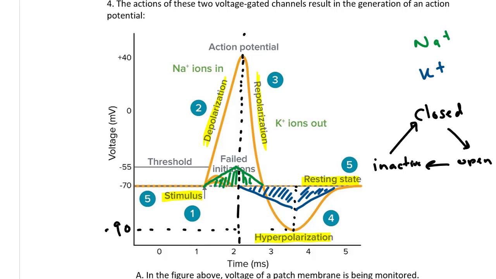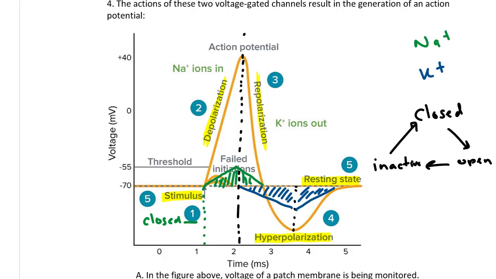So in the case of the voltage-gated sodium channels, you can imagine that here it is in the closed state. So actually, let me remove this. Right, there we go. So here it is in the closed state. Up to this point right here.